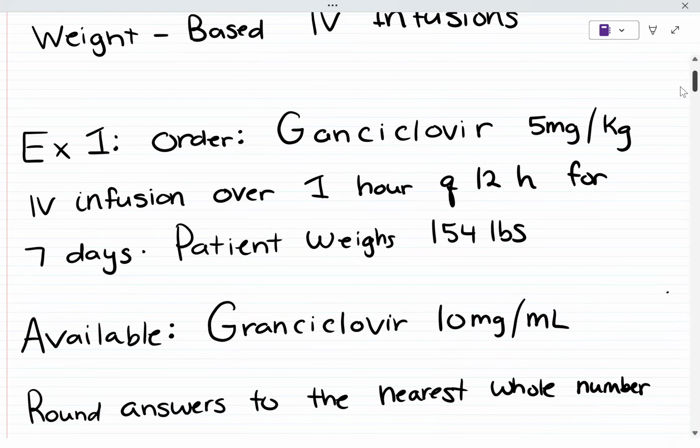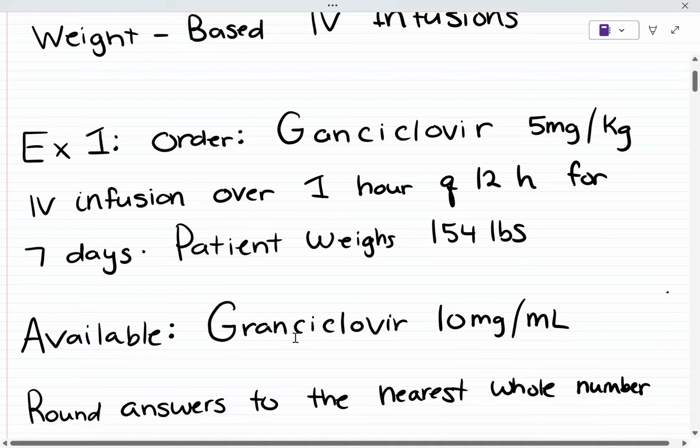It's 5 milligrams per kilogram IV infusion over 1 hour every 12 hours, Q12H, for 7 days. The patient weighs exactly 154 pounds, and our availability is ganciclovir 10 milligrams per milliliter. We have to round our answer to the nearest whole number.